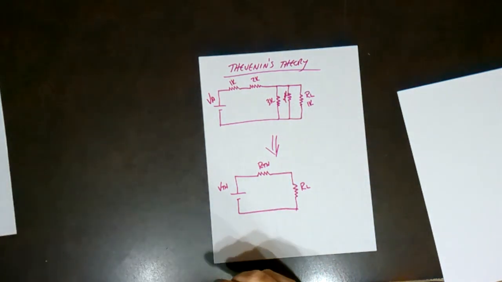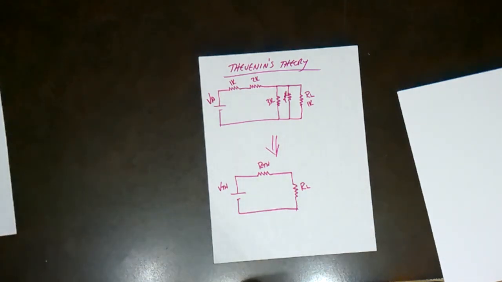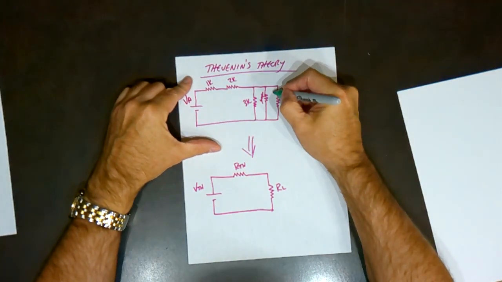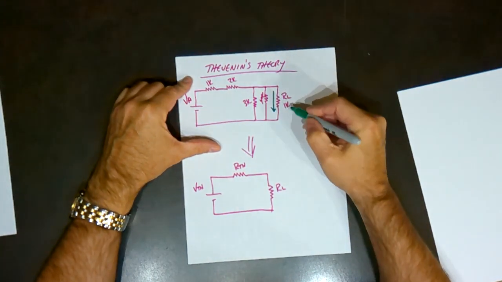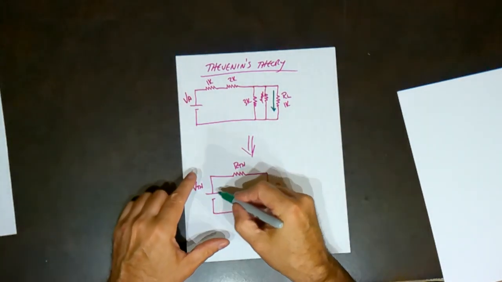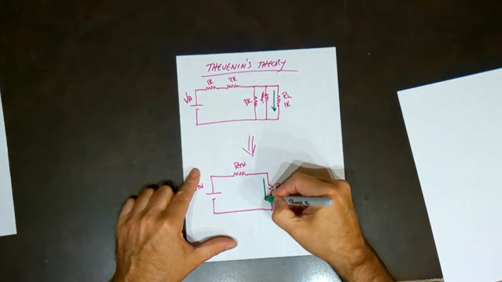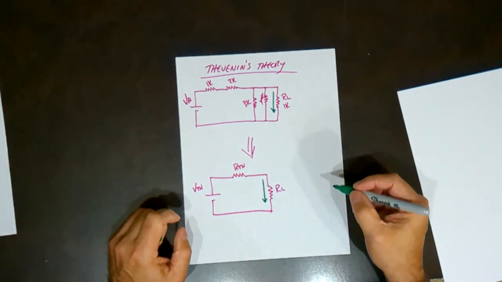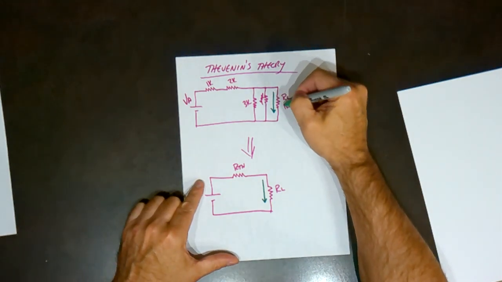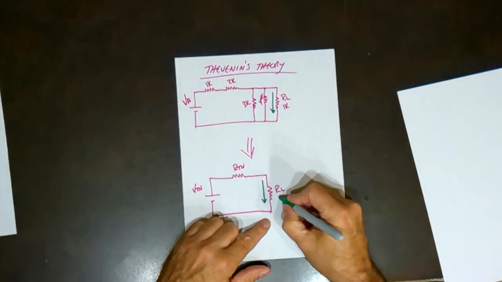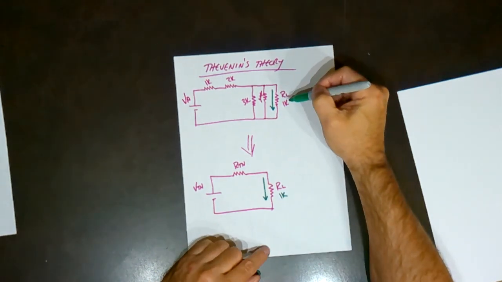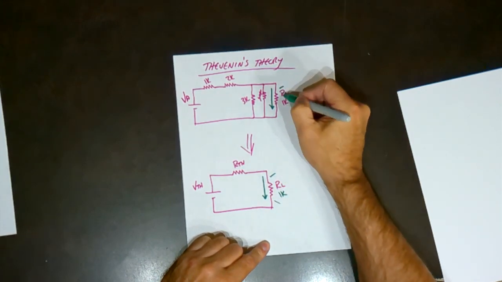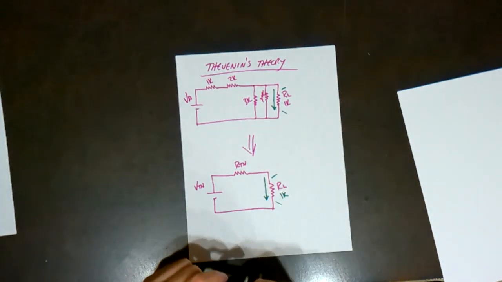And when we say it's equivalent, what we're referring to is that this circuit will provide a certain amount of current to the load, and this circuit will provide the same value of current to the load. So when you have the same current through the same resistor, so again this would be the 1K resistor, you're going to get the same voltage, and you're also going to get the same power.